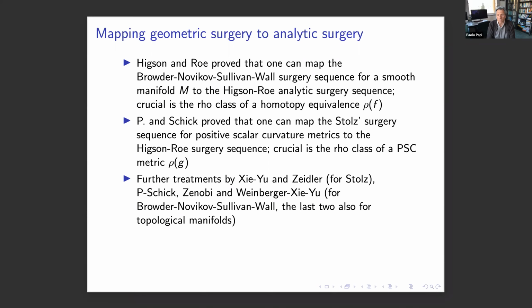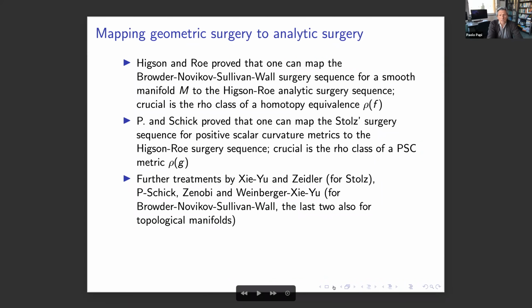Zenobi and also Weinberger, Xie and Yu, in a very long paper, gave very interesting contributions. The last two papers, in fact, are valid also in the topological context. In particular, this last paper of Weinberger, Xie and Yu is very interesting because the rho class of a homotopy equivalence is proved to have an additivity property that is very, very subtle.